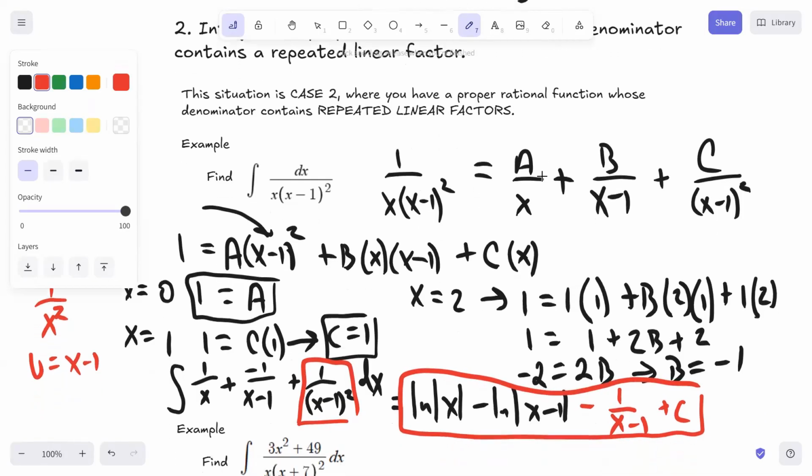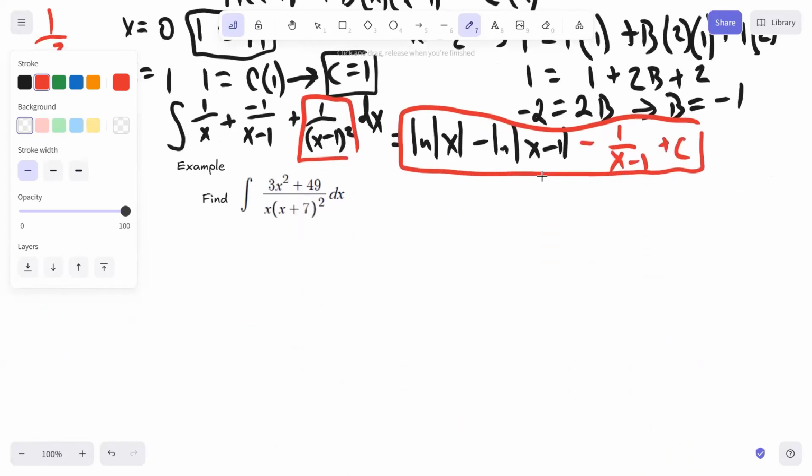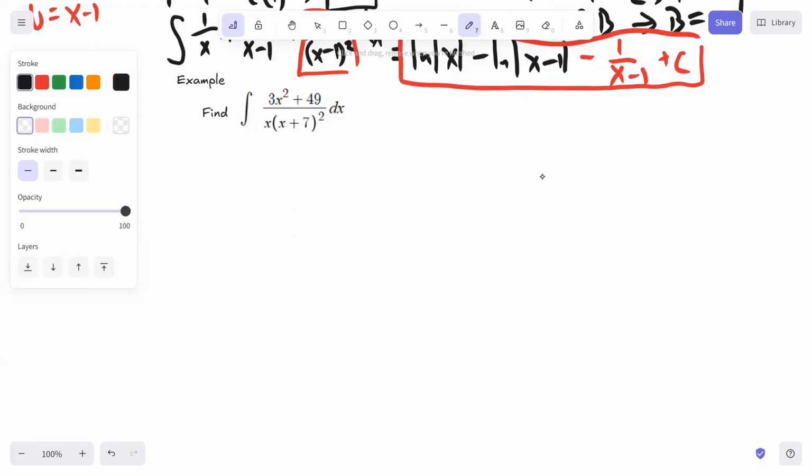Okay, we're going to do one more example of a case 2 situation. And here we have the integral of (3x squared plus 49) all over x times (x plus 7) squared. So sometimes these can get a little bit complicated, so just make sure that you're using a lot of organization with these.